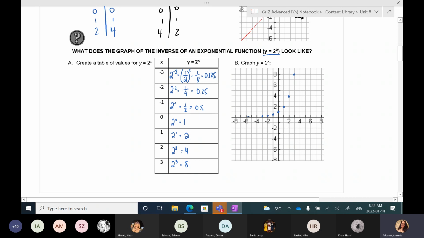So I'm going to connect my points here and recognize that there's a horizontal asymptote. All right, so there is my exponential curve. It's never going to cross this x-axis. So we say that that is our horizontal asymptote of y equals 0.